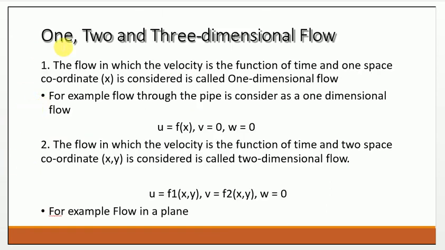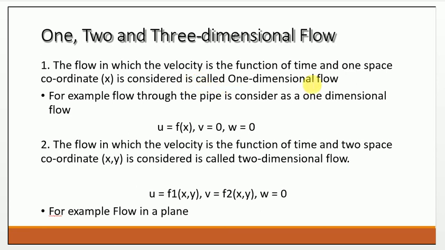The next and final one is one, two and three dimensional flows. Practically speaking, when the fluid flows through any given cross section, such as pipes, rivers or canals, it's a three-dimensional flow. But for study purposes it is very difficult to do it in three dimensions, so for ease we can take it as a one or two dimensional flow. In one-dimensional flow, the velocity is a function of time and one space coordinate x alone.